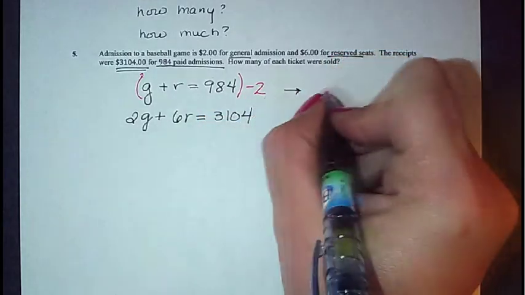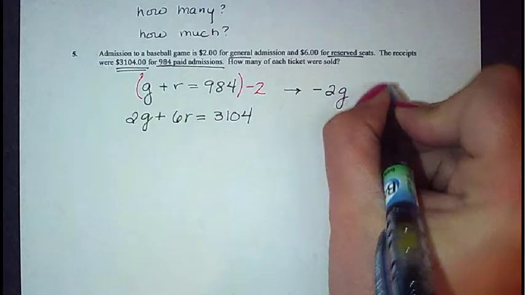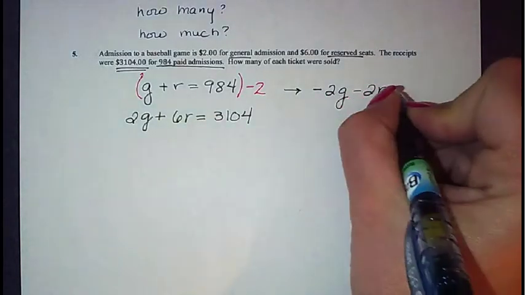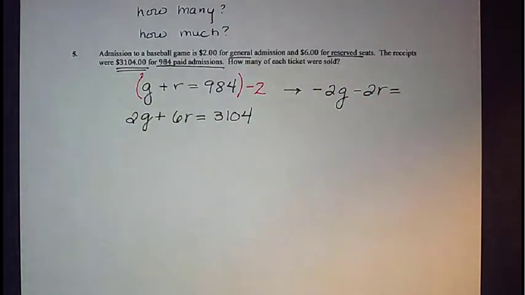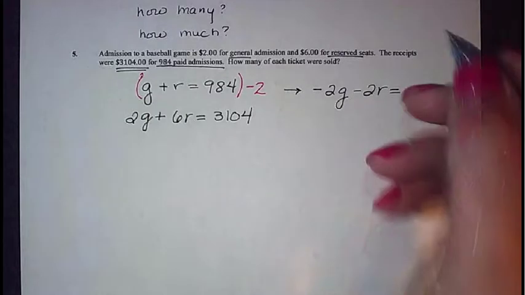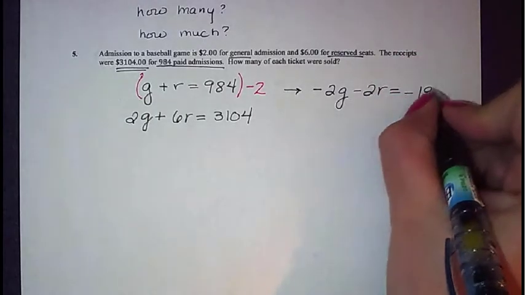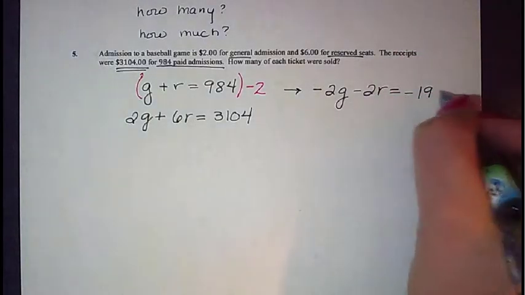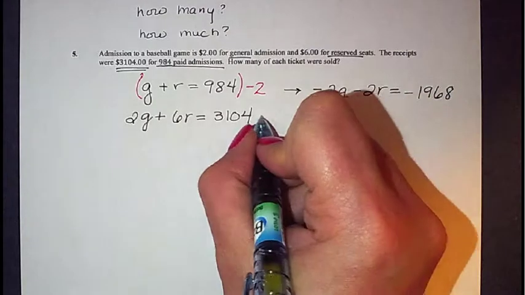So that's going to give us -2G minus 2R equals -2 times 984, and it's going to give us -1968. And then this guy we're just going to bring right over.